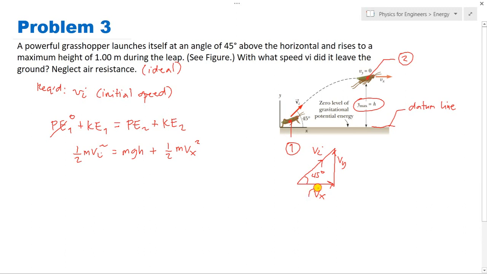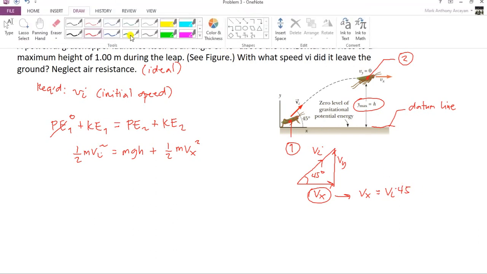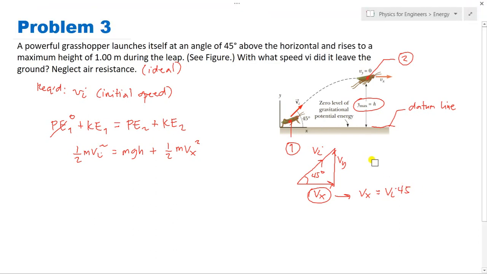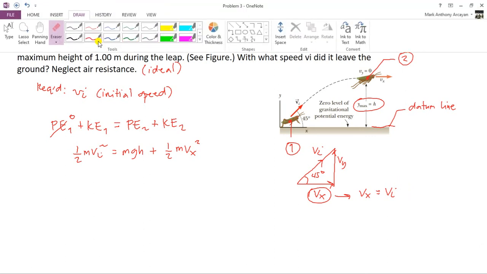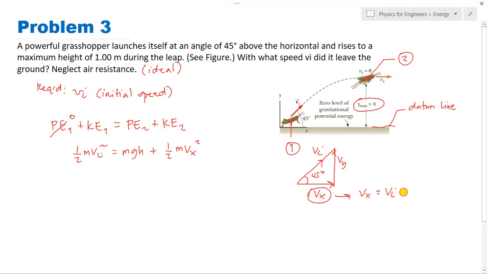Since we are after velocity x, vx is just equal to vi cosine of 45 degrees.